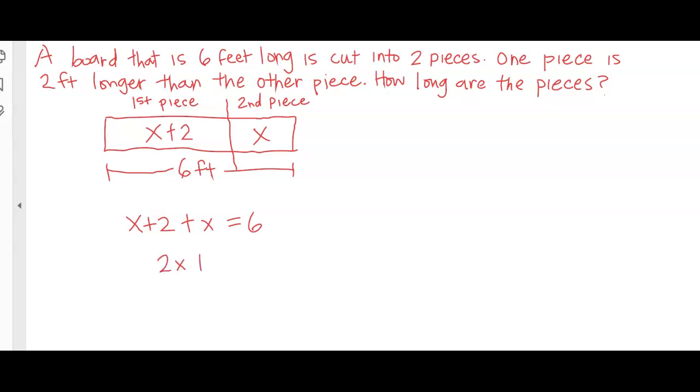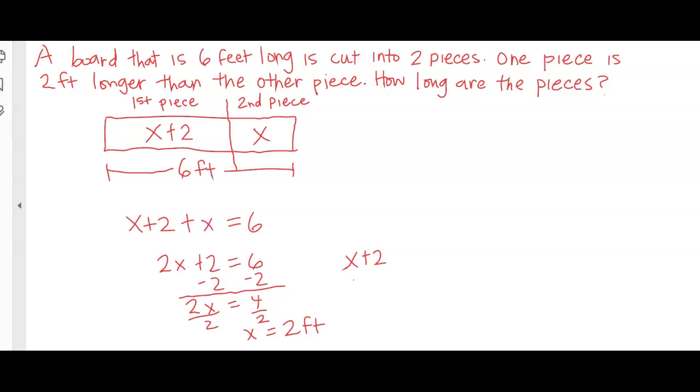Again, we can combine like terms and get 2x plus 2 equals 6. We'll subtract the 2 over: 2x equals 4. Then divide by 2: x equals 2 feet. Since this is our x, that's what the second piece is. So one piece of the board is 2 feet, and to find the other one we just need to add 2 to whatever we find.